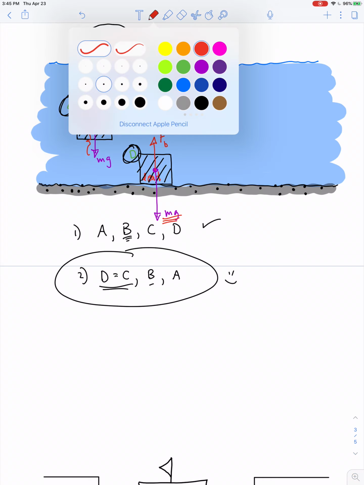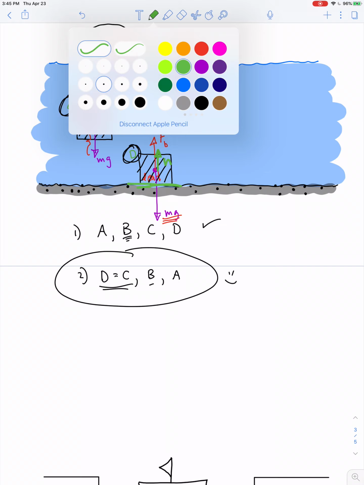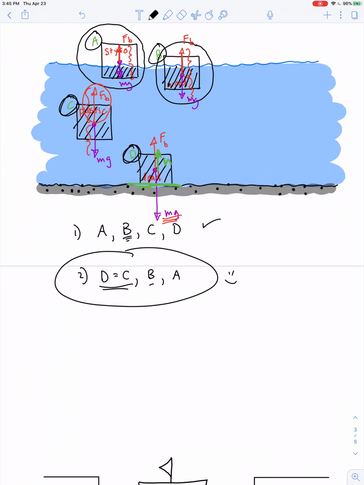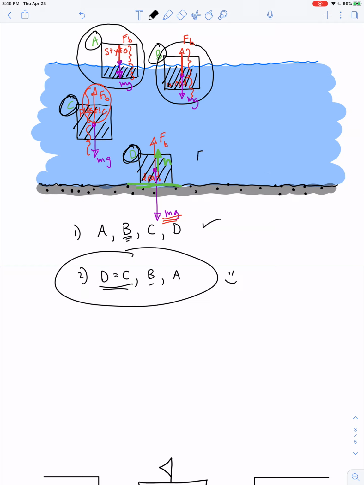In the case of the object that rests on the seafloor, it makes contact, and so there's an additional normal force that adds with the buoyant force. So we could say that in case D, the buoyant force plus the normal force is equal to mg. But in all the other cases, A, B, and C, the buoyant force is equal to mg.